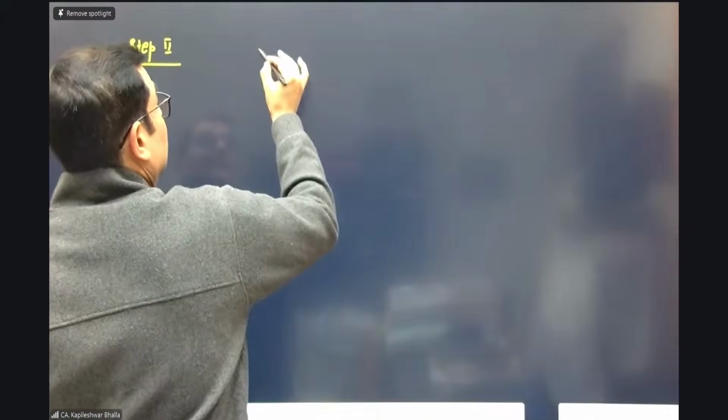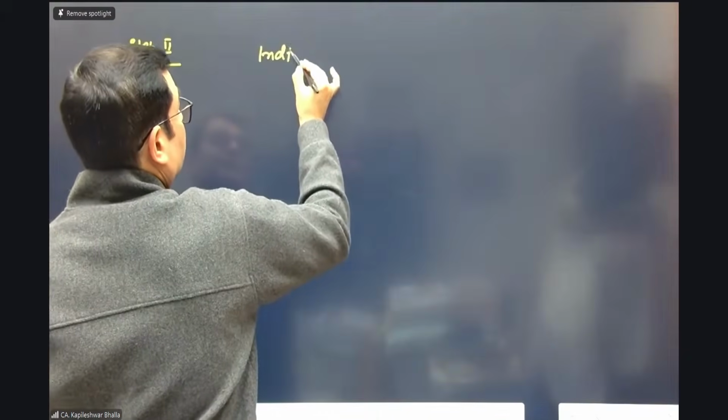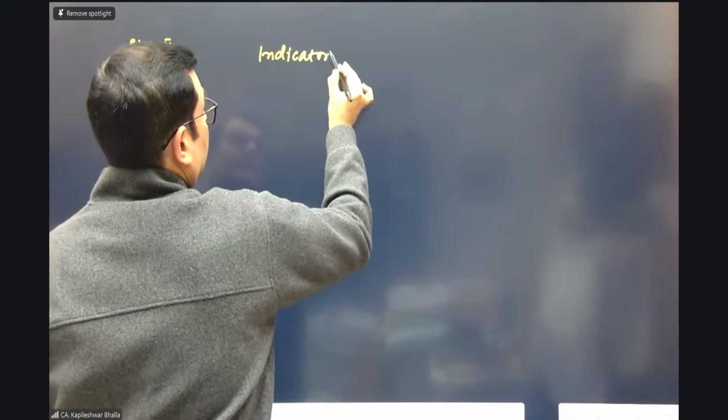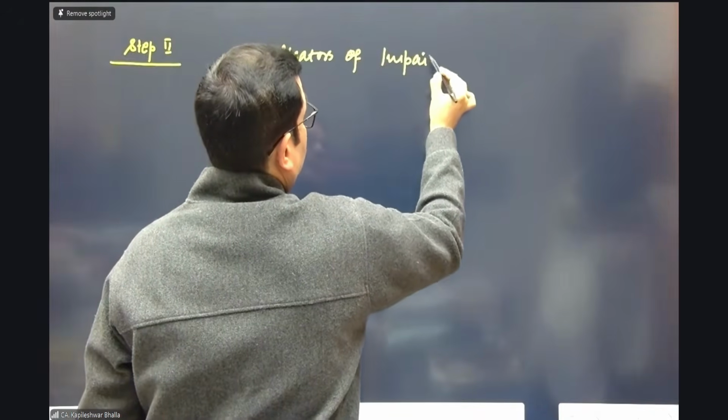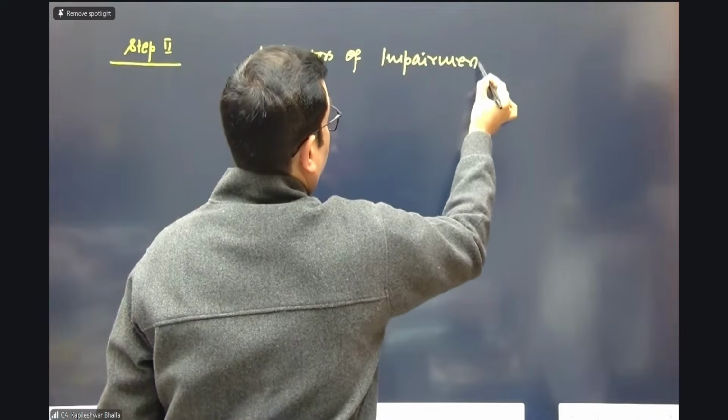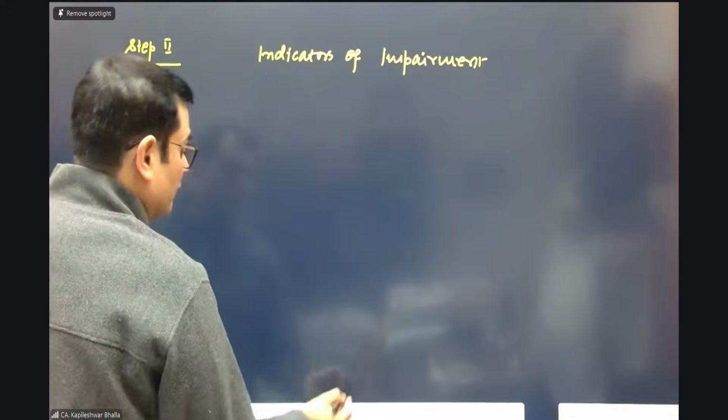Now, in step number 2, what you need to consider is the indications of impairment, because Ind AS 36 is based on triggering conditions, that there are indications which tell me that there could be impairment. That's where the focus is: indicators of impairment. So we've got the second focus step, making a mind map of indications of impairment.